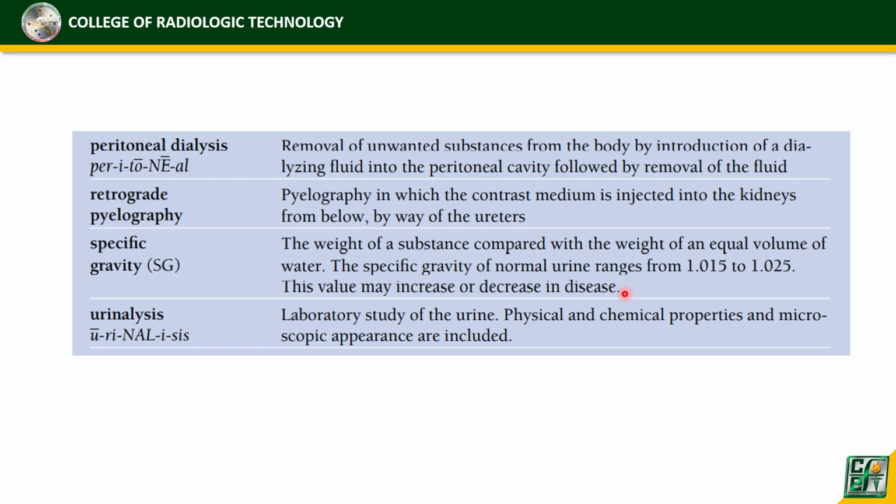So, kung nakapag-urinalysis na kayo, usually makikita nyo sa result, anong color, meron bang presence ng RBC, ng white blood cell, ng pus, ng protein, ng sugar, etc. Okay?